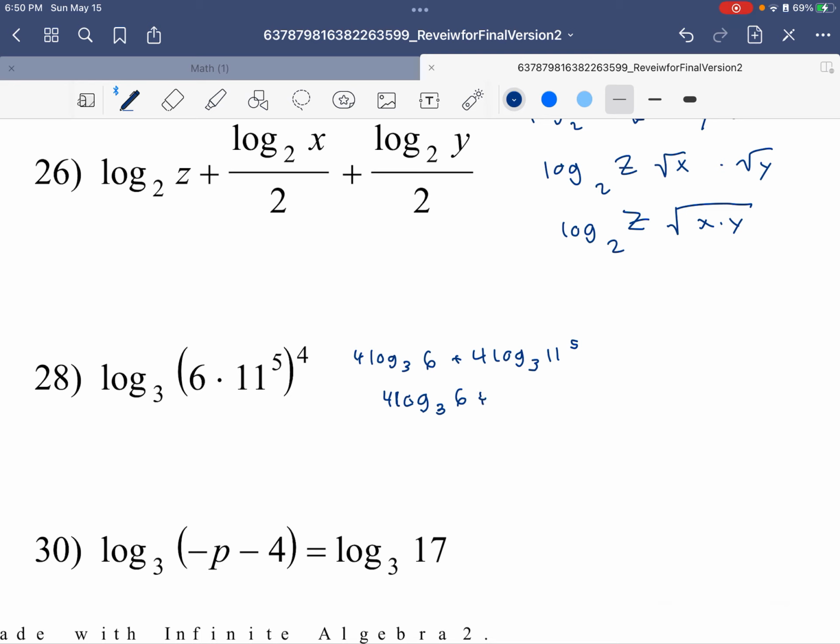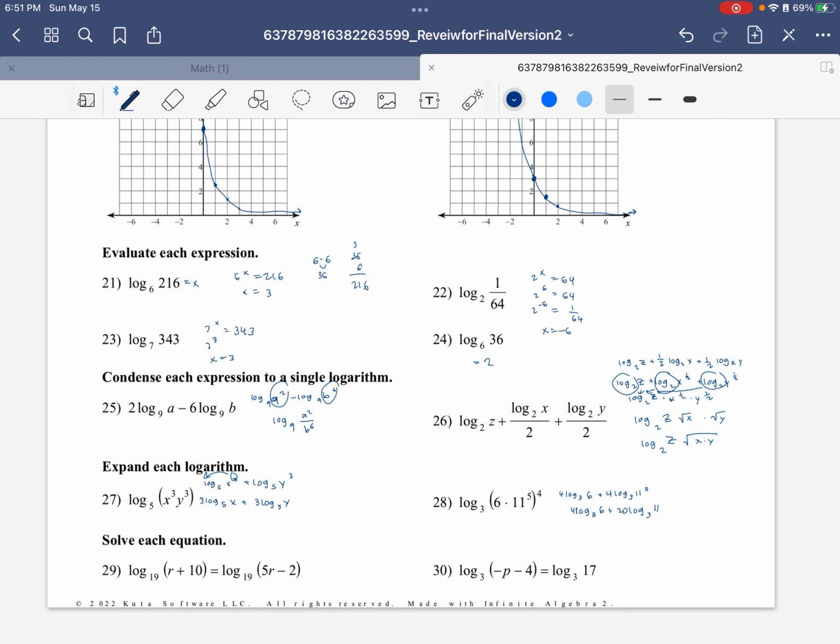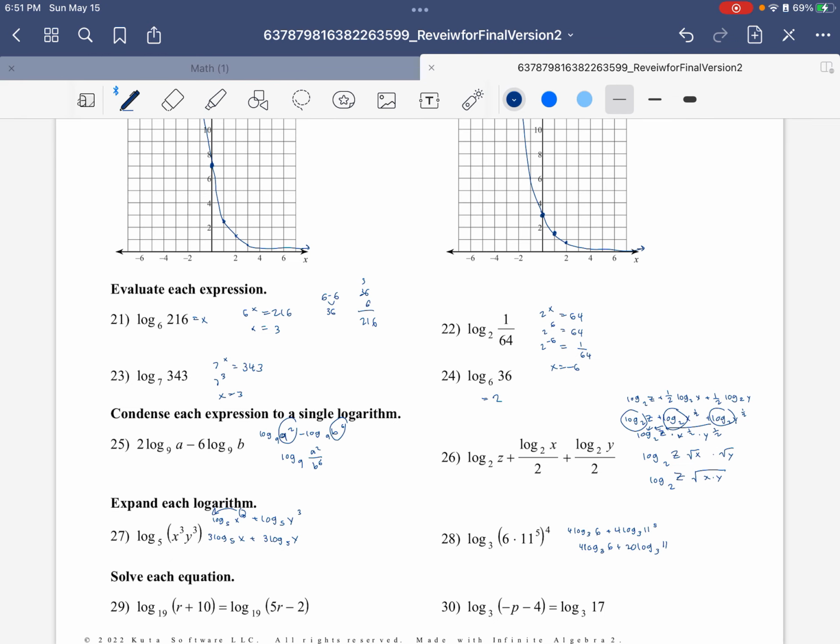So I moved this log to the front, and so when we move it, it's going to multiply with 4. So 4 times 5 is 20. So we're going to have this: 4 log base 3 of 6 plus 20 log base 3 of 11 is our expanded log.